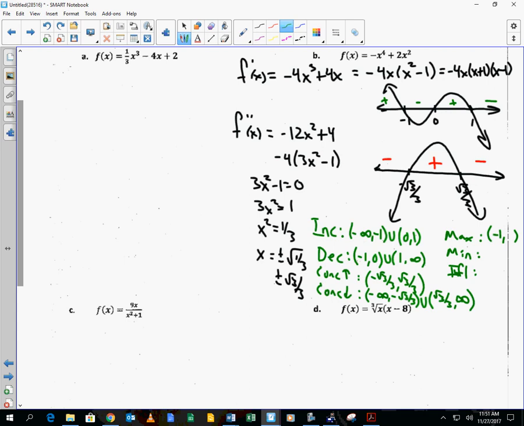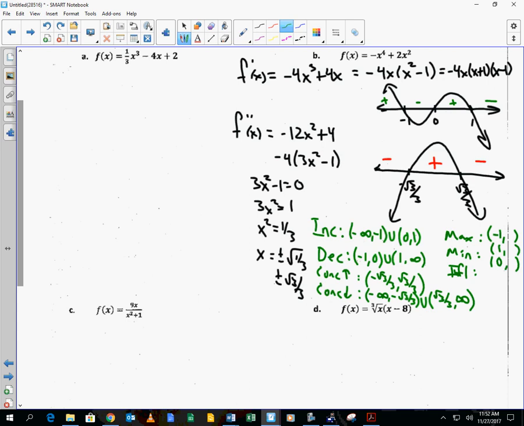Negative 1 and 1, right? So there's two of them. Local min happens when it changes from negative to positive, and that's going to be at 0.